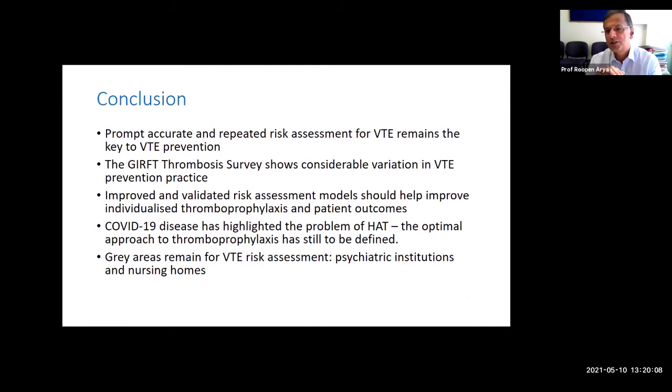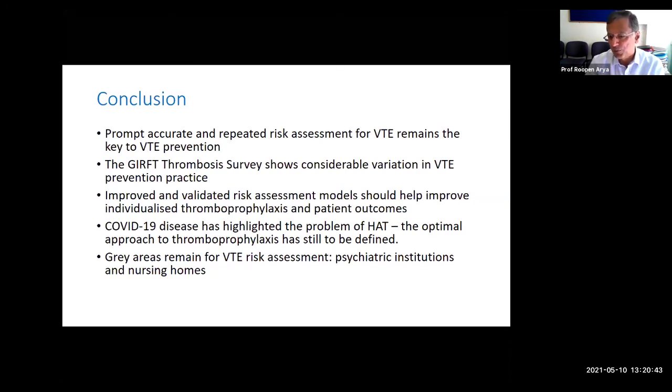So in conclusion, prompt, accurate, and repeated risk assessment remains the key to VTE prevention. The GIRFT survey shows a considerable variation persists in VTE prevention practice, and it's important that we continue to work on improving and validating the risk assessment models. And I think COVID-19 has highlighted how important venous thromboembolism is in this setting.